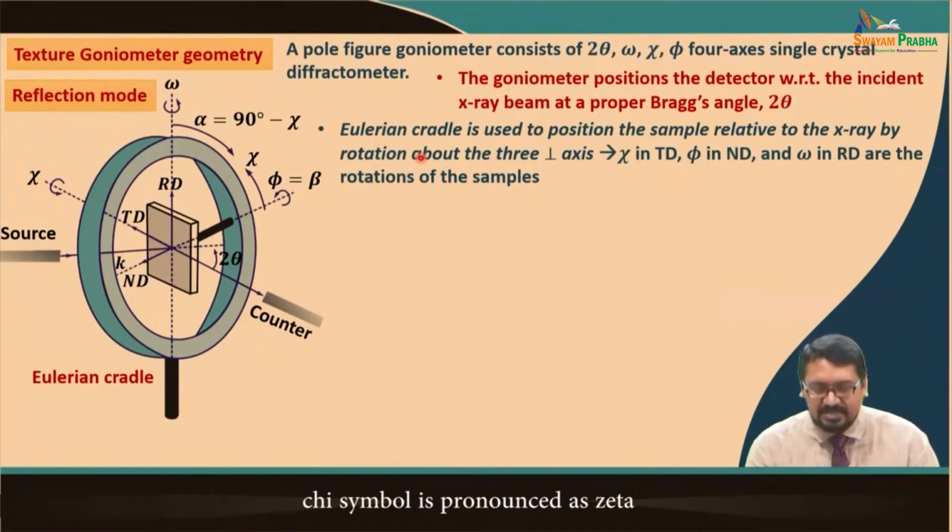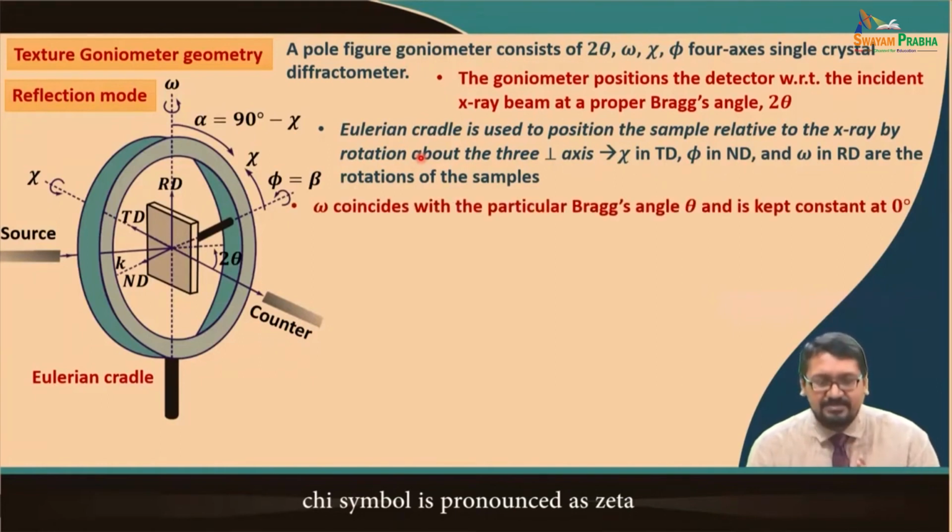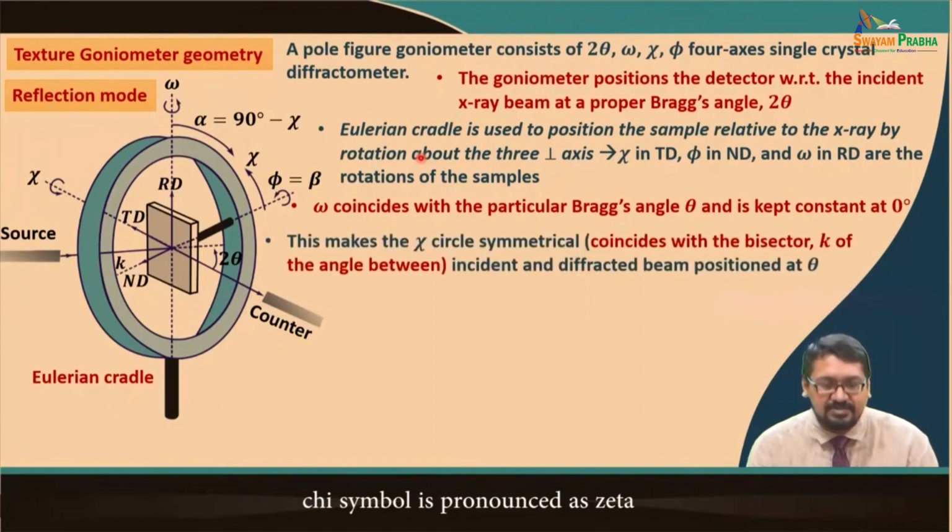So, these rotations are used to keep the sample in the Bragg's condition. As I said earlier, the omega basically coincides with the Bragg's angle theta, and after a certain Bragg angle is kept for certain HKL planes, this omega is made into 0.